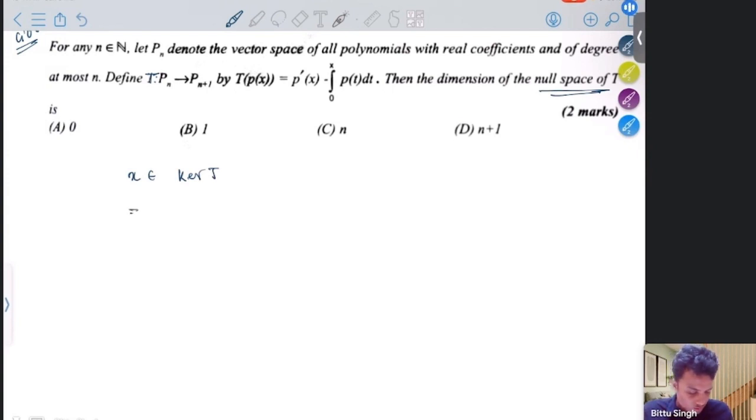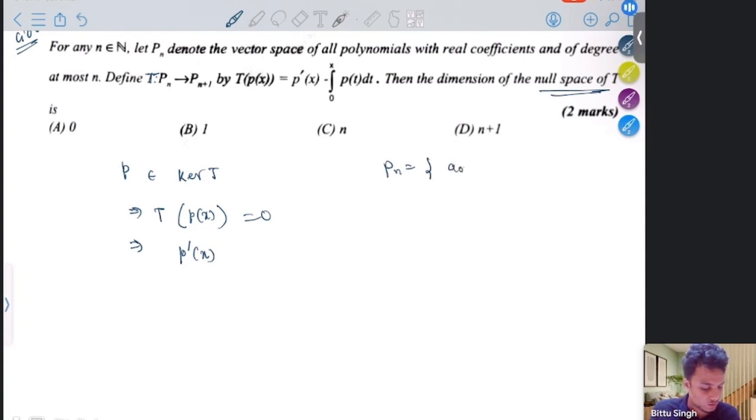So this implies T of p(x) is actually 0. Note that here Pn denotes all the polynomials of the form a0 plus a1x up to an x to the power n, where ai are any real numbers.